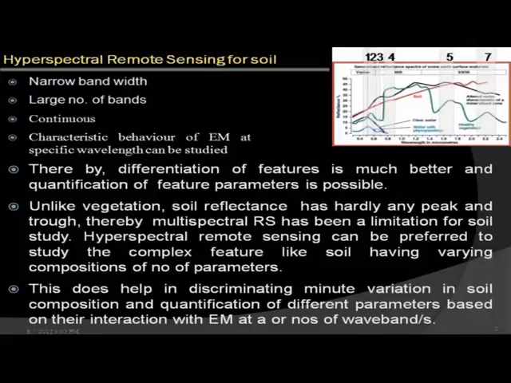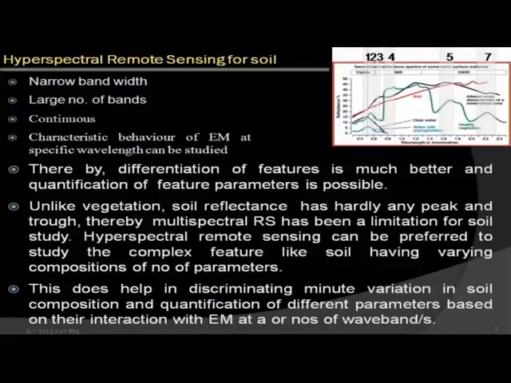That is one limitation. The second limitation is, as you see in the spectra of a vegetation, there are a lot of ups and downs, troughs and peaks, because of their unique interaction at the red bands, near infrared, and also SWIR ranges. Based on that, you are able to characterize the vegetation in a much better way, and you are able to have so many indices in the case of vegetation.